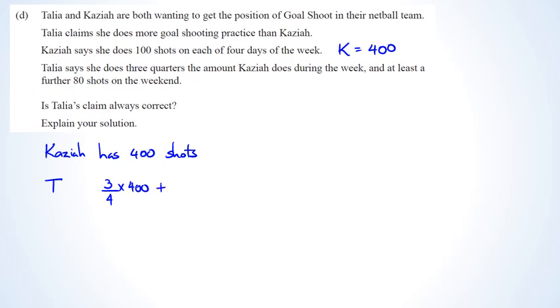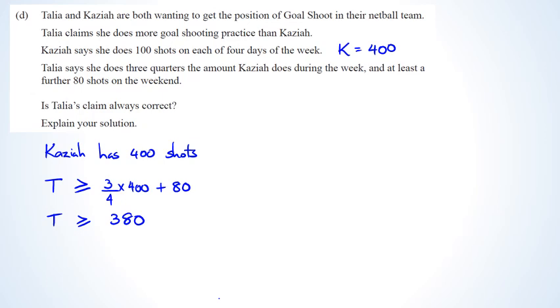Because it's at least, she could be doing more than that or just that. So when we simplify this equation, we get T is greater than or equal to 380. So basically, guys, with this question, it's been asked, is Talia's claim always correct?